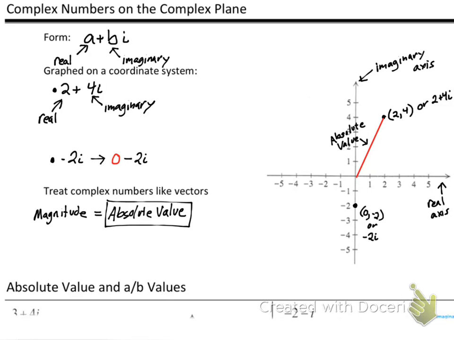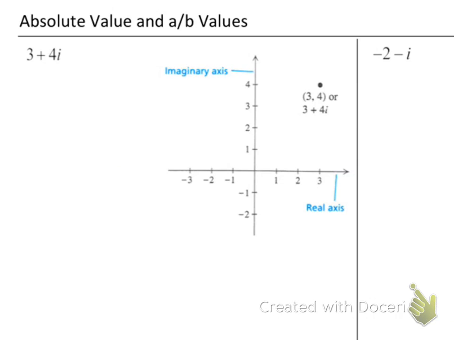So if I find this distance, I actually found the absolute value of my complex number. All right, as we do this, we're just going to keep thinking, how does this relate to vectors? And how can I use what I know about vectors in this complex plane? So let's look here. We're supposed to find the absolute value and the A, B values. We're going to find our A, B values in the next example.